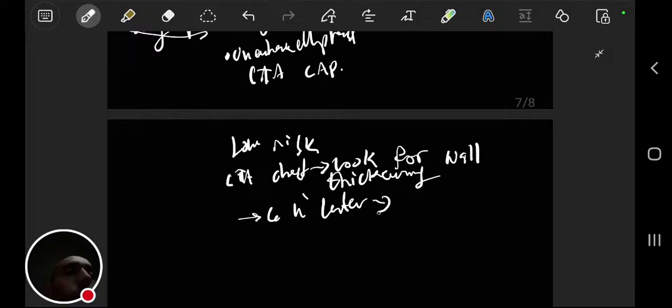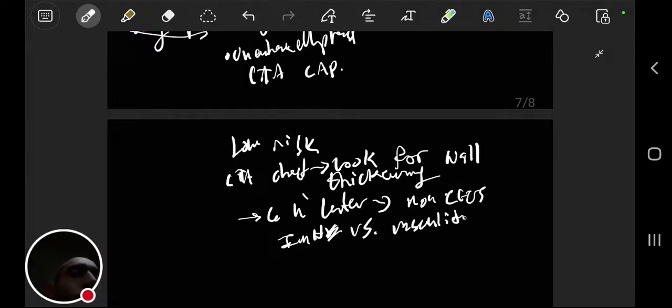So 6 hours later, not at the same time, a non-contrast CT can evaluate for intramural hematoma versus vasculitis. Okay, this is the idea of what is going on.